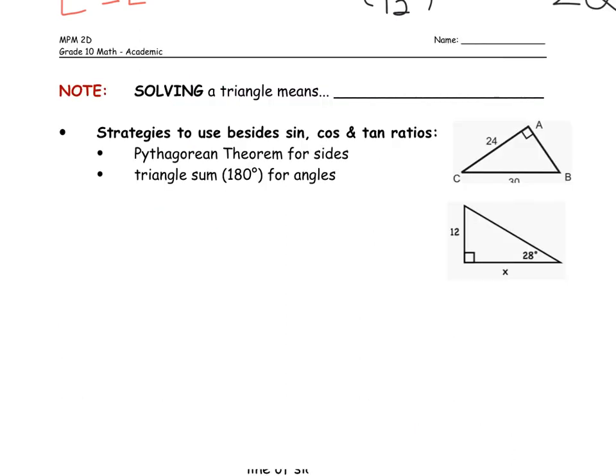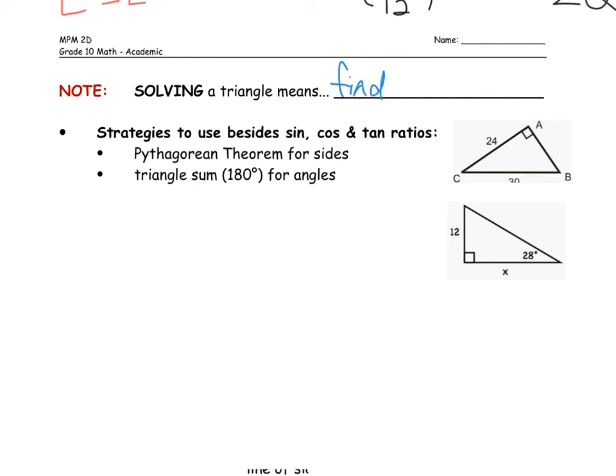All right, so one last note, because you will eventually see questions like this where you are asked to solve a triangle. So the question will say, solve the following triangle, and you need to know what they're asking you. So when in trigonometry they ask you to solve a triangle, that means that you're going to find all of the angles and all of the side lengths.